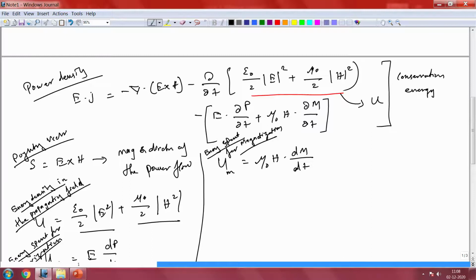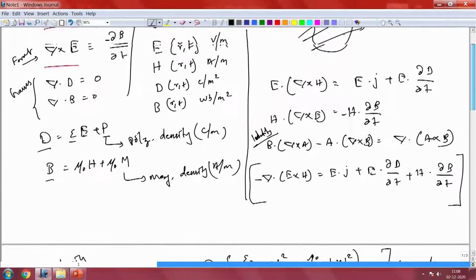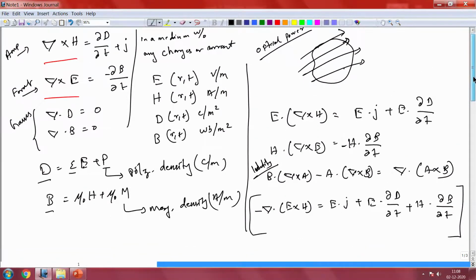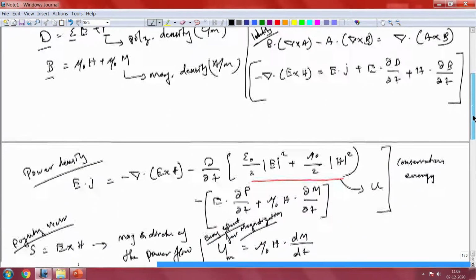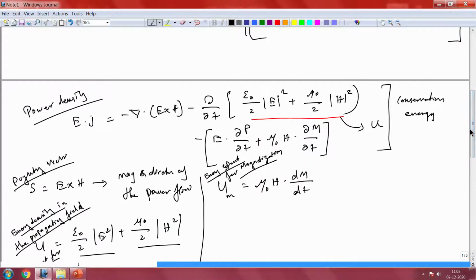Okay. So those are all the things one can utilize to understand how much energy or optical power a wave could carry. Okay. So with that, this part is covered.